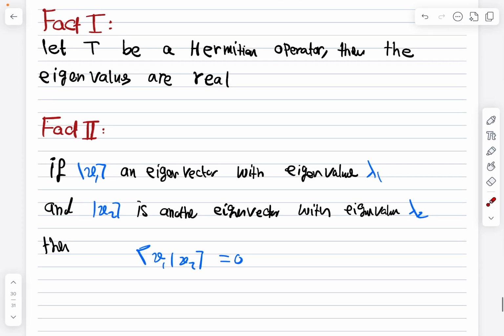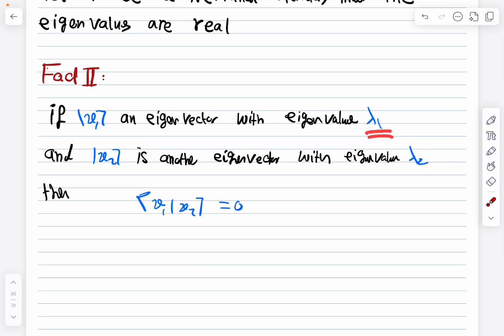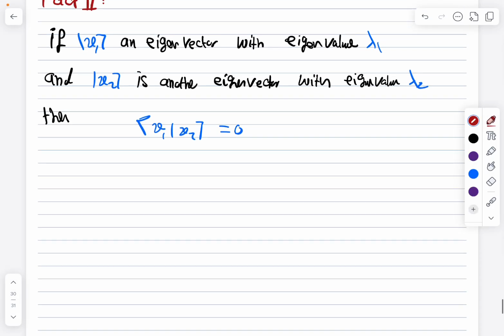The second fact, which is also important for the eigenbasis, is that if we have two different eigenvalues, lambda 1 and lambda 2, with corresponding eigenvectors v1 and v2, then these corresponding eigenvectors are orthogonal. So let's prove fact 1.